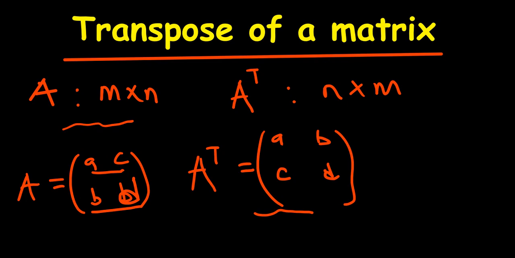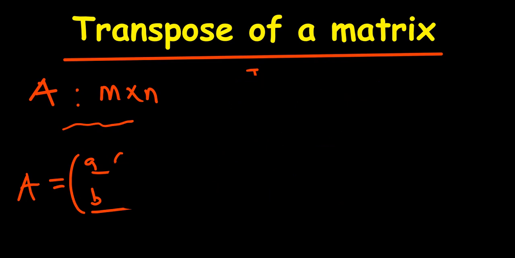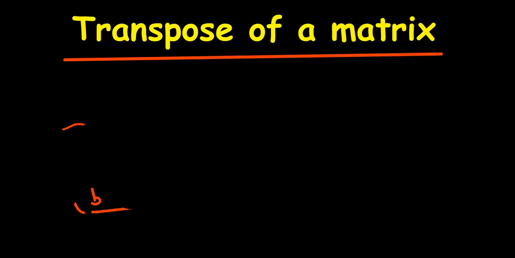Let's look at another example here that contains numbers. Let's say my matrix A is given by 4, 0, 7 and then 1, minus 8, 2.